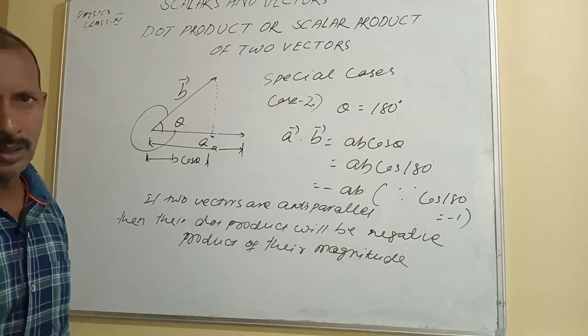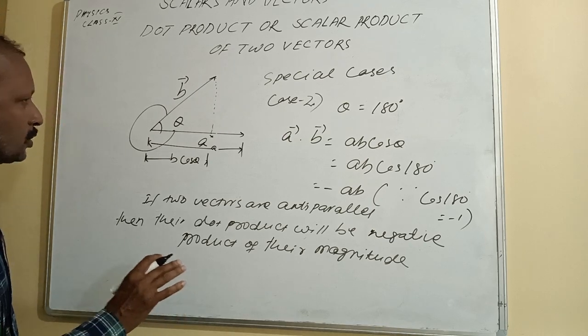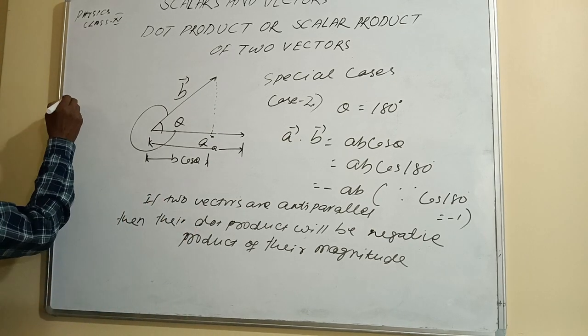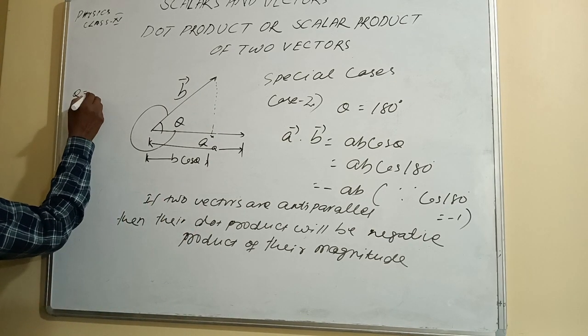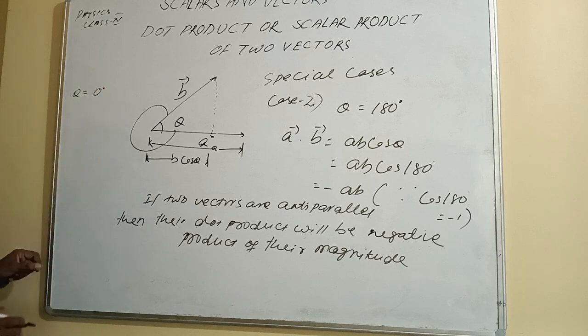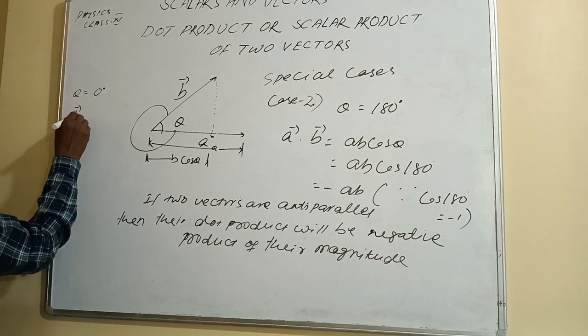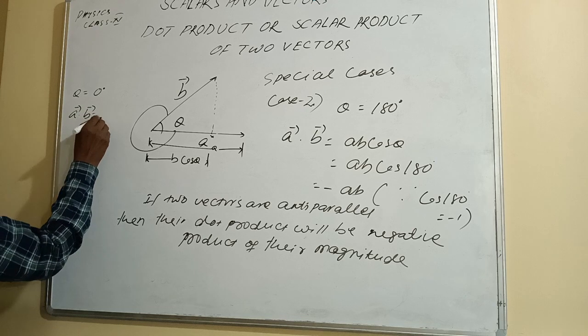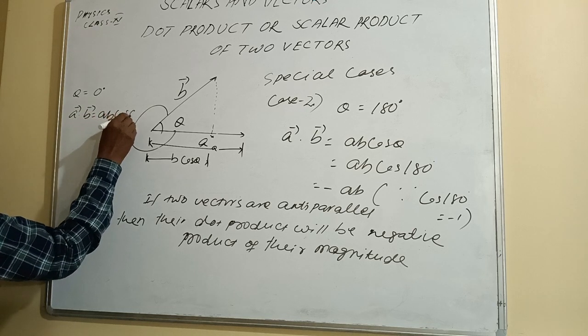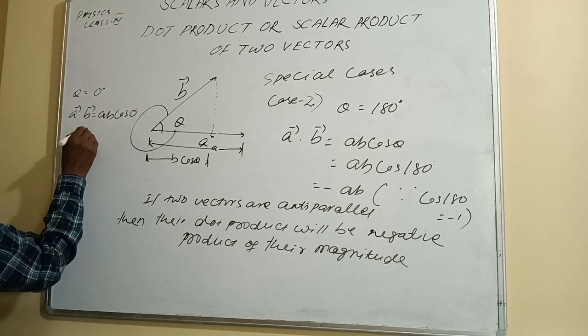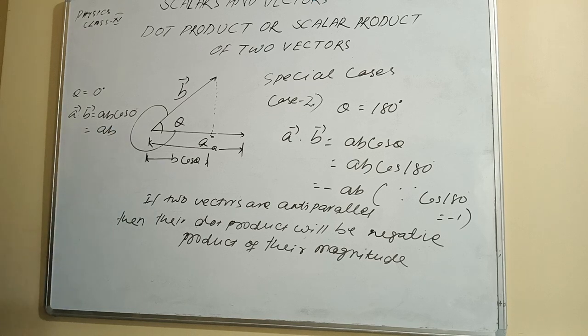So these are the three special cases I mentioned. First, once again I am reminding, first case I wrote that theta equal to 0 degree. There we found that A dot B is equal to AB cos 0 degree, that means is equal to AB.